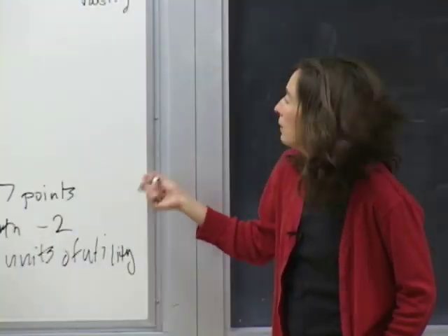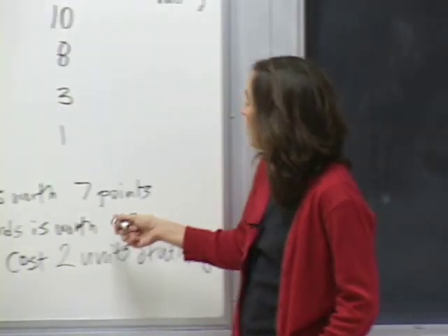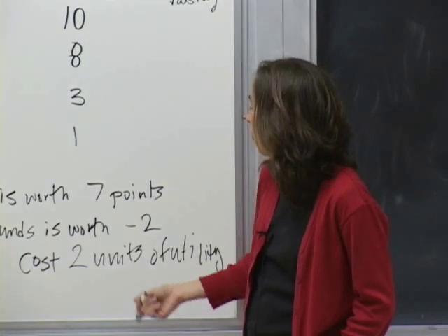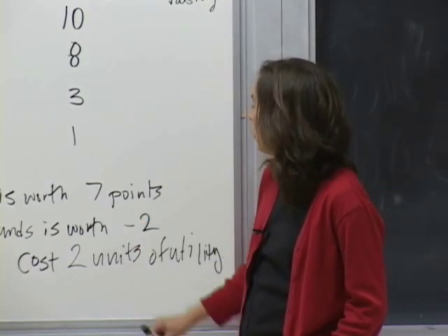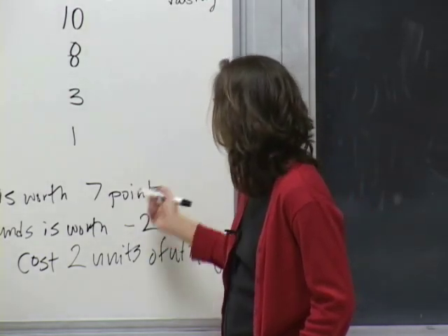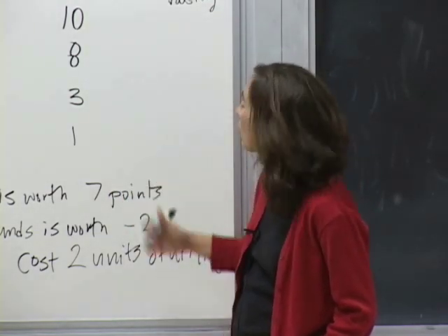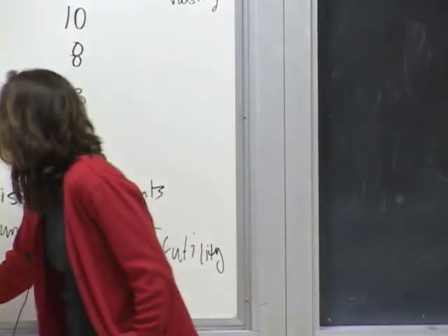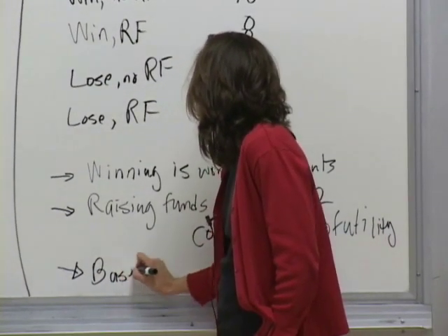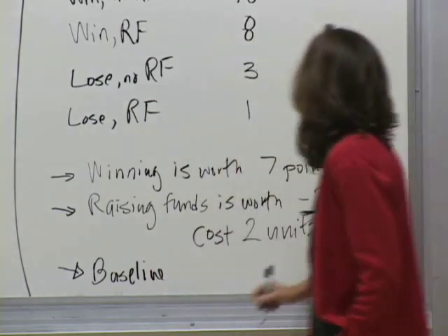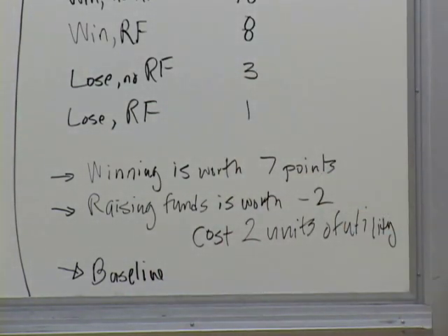Again, I said this on Thursday, but I think I said it really quickly. If we think about winning is worth 7 points and fundraising worth -2 points, utility units, whatever you want to call it, there's sort of an implied baseline here. What's your payoff when you don't win and you don't raise funds?